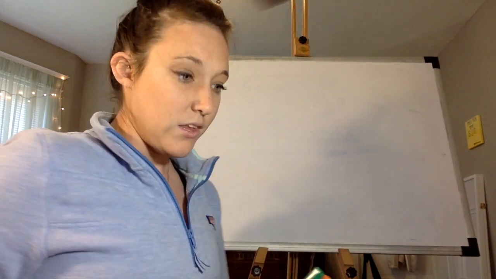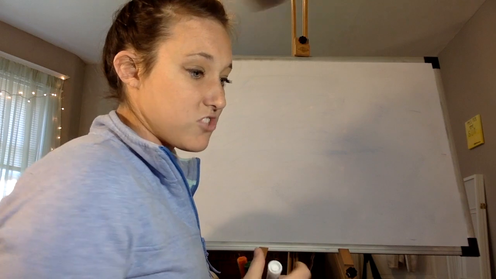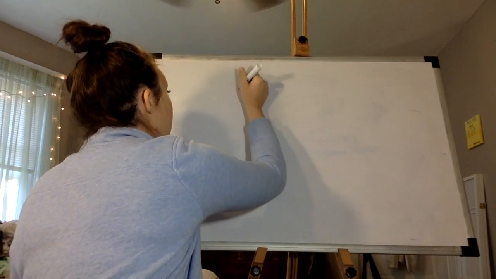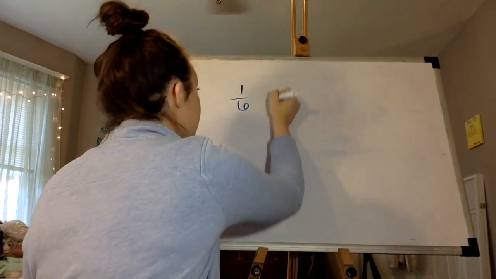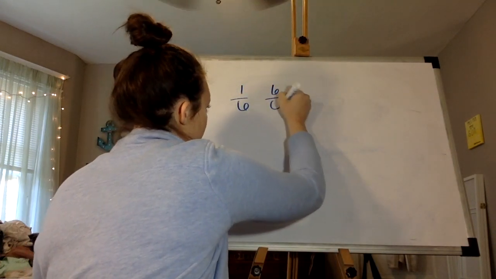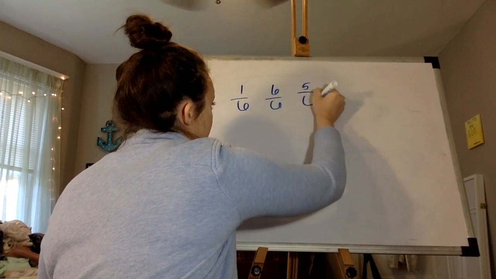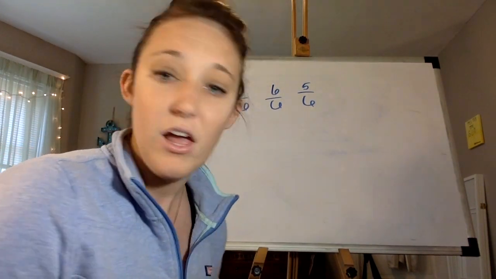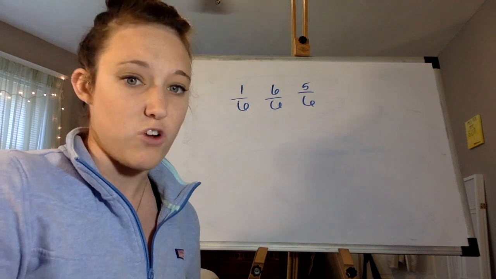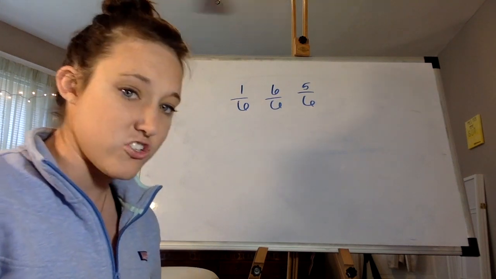All right. So looking at number 2 on page 527, we have 1/6 compared to 6/6 compared to 5/6. All right. Well, you can do a few things. You can put them on a number line. You can draw a picture. You can make fraction strips.